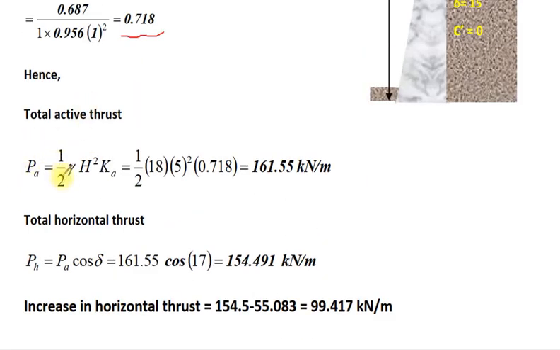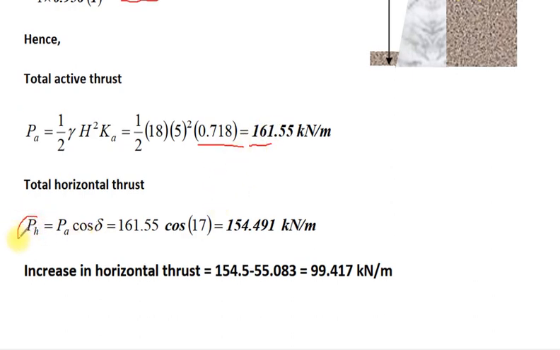P active equals 1/2 gamma H square K active, with K active 0.718, which gives 161. To compute the horizontal force, multiply the active force by cosine delta, here cosine 17. The result will be 154.